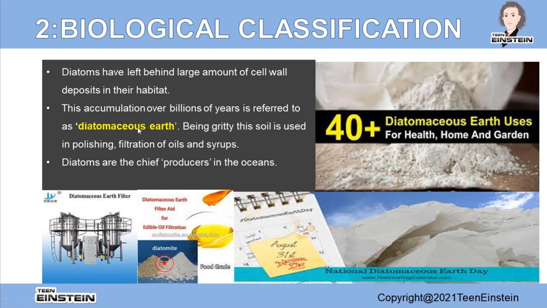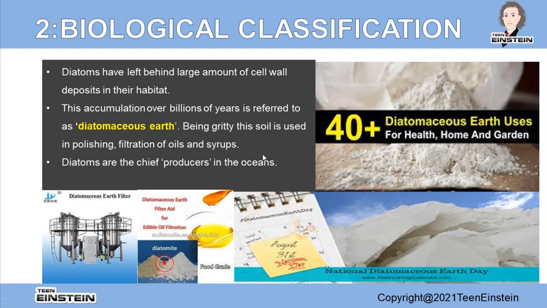Deposition in their habitat, and the accumulation of this over billions of years is called diatomaceous earth. The accumulation for so many years is called diatomaceous earth. This is not a single day collection, but billions of years it gets collected.